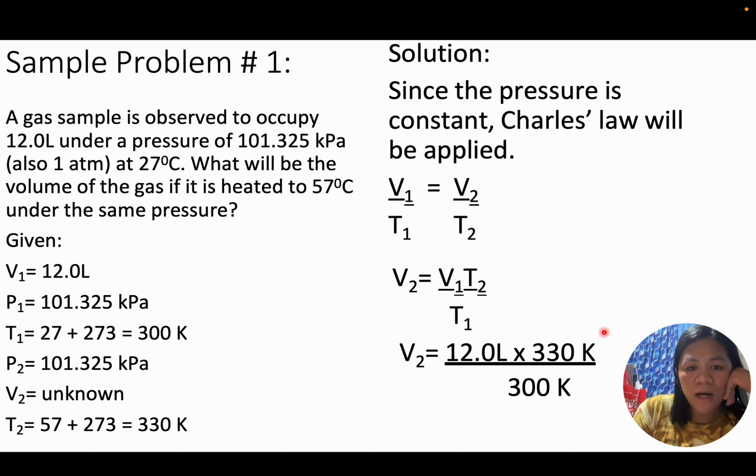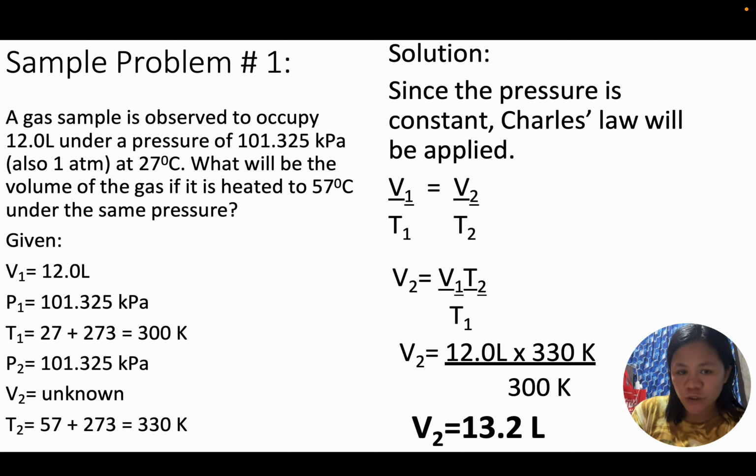So, of course, this one is, makancel ito, no? Itong units of Kelvin. So, i-multiply lang natin 12 times 330 divided by 300. And we'll get our V2, which is 13.2 liters. So, ganun lang kadali ang pag-solve sa ating Charles Law.